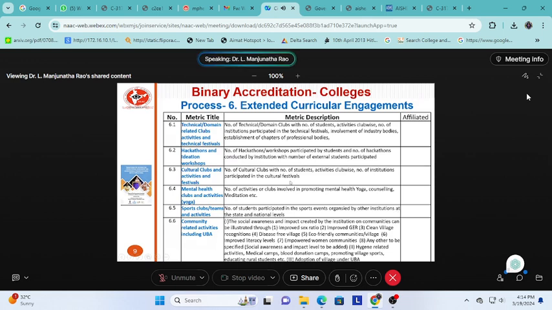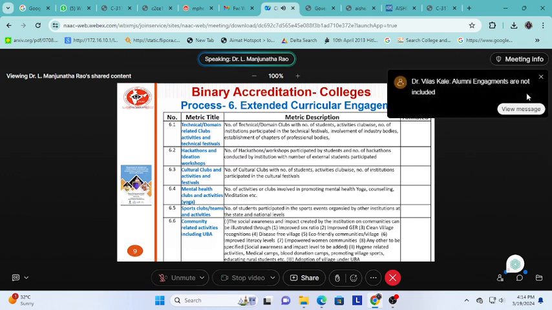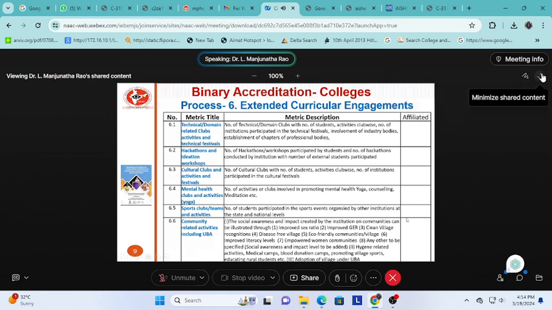Community-related activities including Unnat Bharat Abhiyan: the social awareness and impact created by the institution and communities can be illustrated through improved sex ratio, improved gross enrollment ratio, clean village recognitions, disease-free village, eco-friendly communities, and all that.